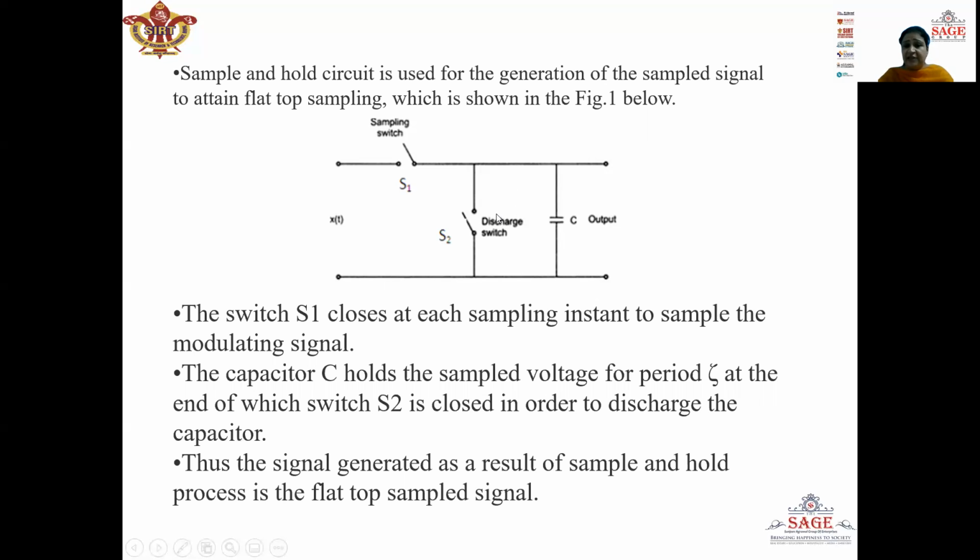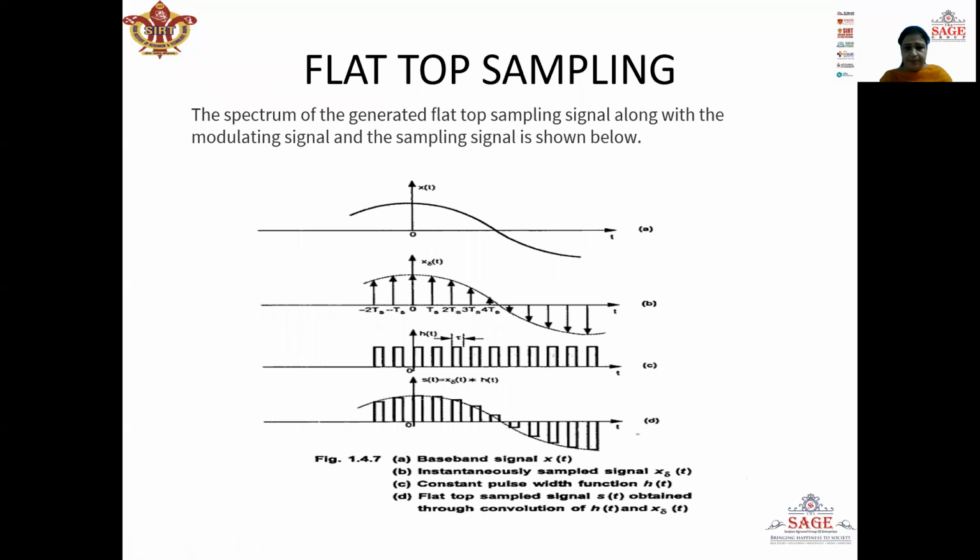Since the forward resistance of switch S2 is very low, the capacitor will instantaneously discharge to zero voltage and the pulse goes to the low level. Thus, the signal generated by this circuit is a flat top sampled signal, and this circuit is known as the sample and hold circuit.